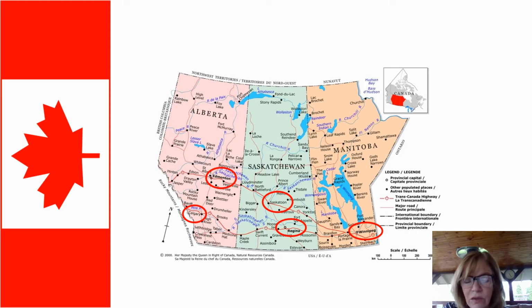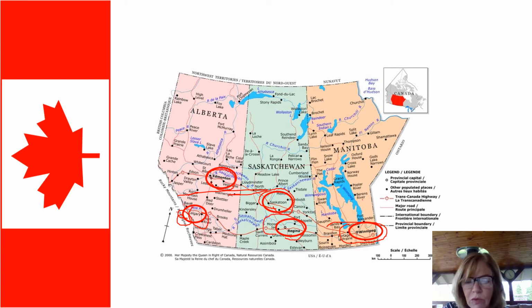Okay, and this is another way it shows you. So you've got Winnipeg down here where the railroad took off from. Then as you move up the northern route, there's Saskatoon in Saskatchewan, and then Edmonton right here, and then Calgary on the lower area, and then Regina as well.